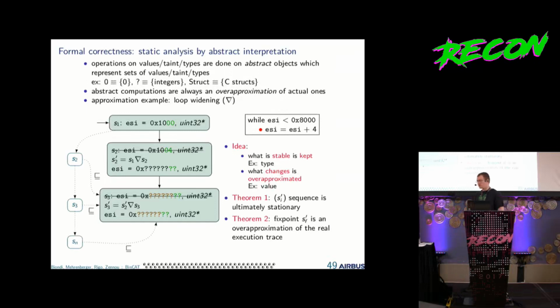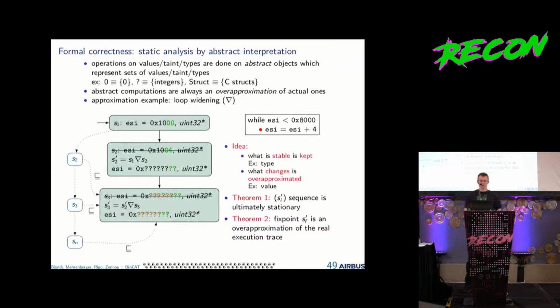And thanks to 2 theorems, we have 2 properties that are really interesting. The ESI prime sequence is ultimately stationary, stable, so we'll have the same value over time. And this value that we will get over iterating this widening is very interesting because it's actually another approximation of the real execution trace.